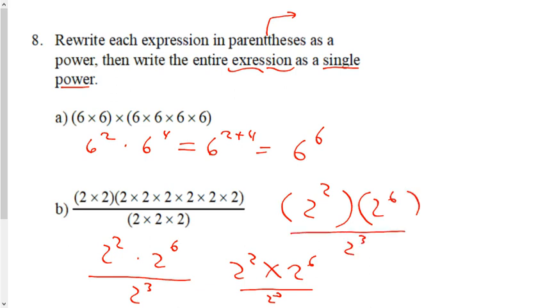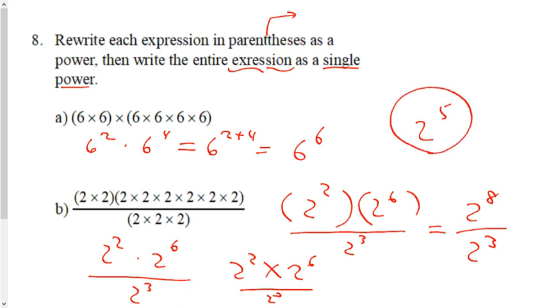All three of those are the same, just written differently. You're going to simplify the numerator, which is keep the base, add the exponents to give you 2 to the 8, divided by 2 cubed. And now that we're using division of same bases, keep the base, subtract the exponents, your final answer as a single power is that.